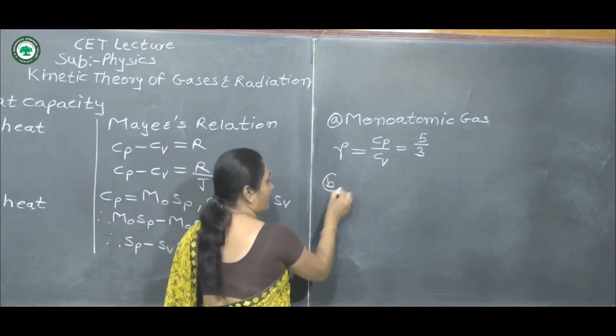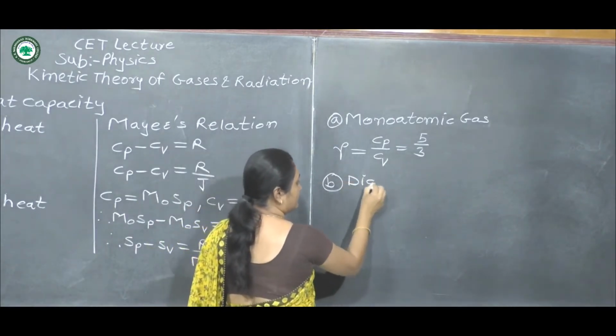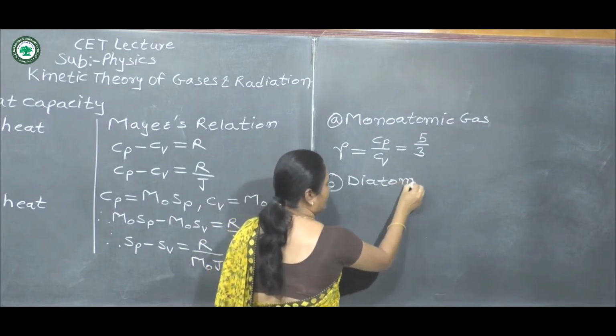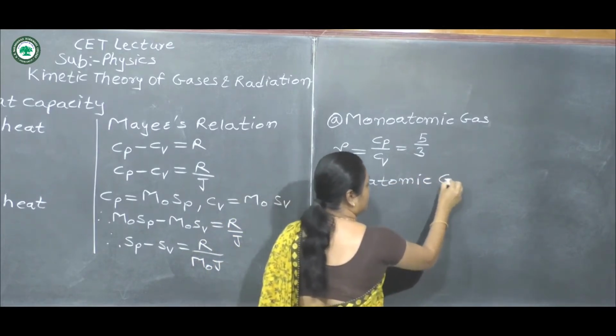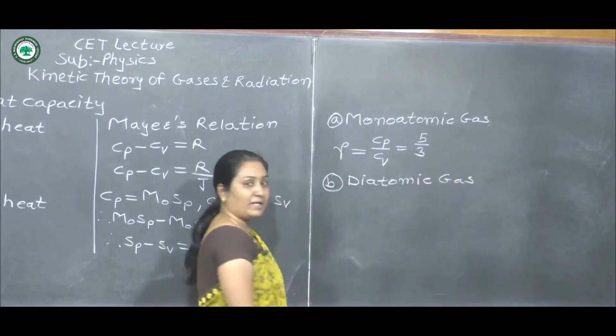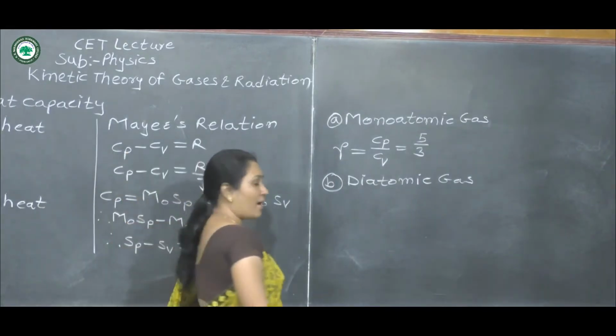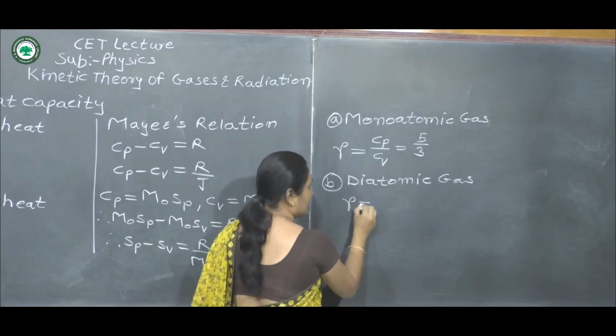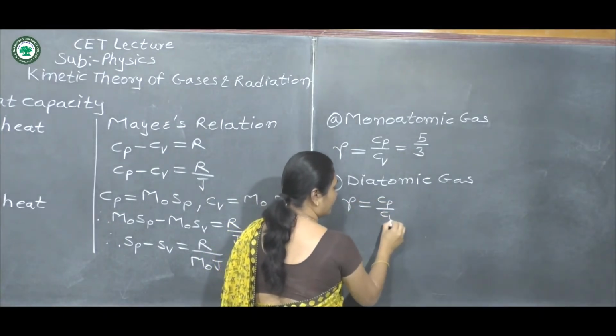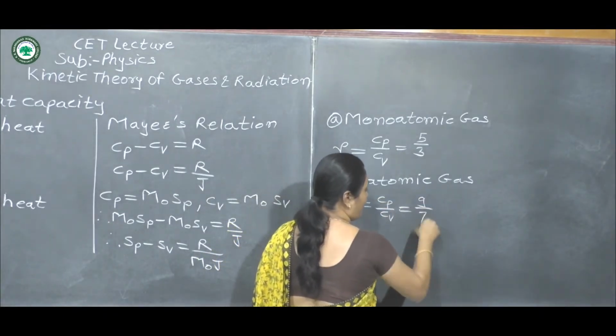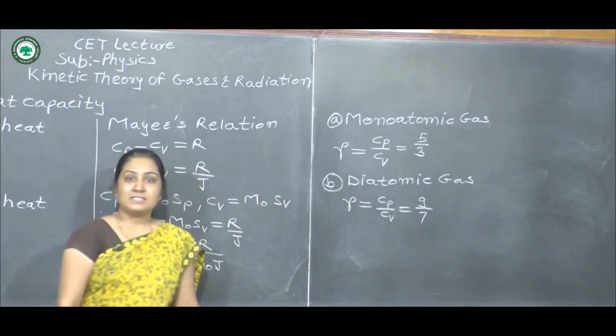Similarly, for diatomic gases, this ratio Cp upon Cv is given by 9/7.